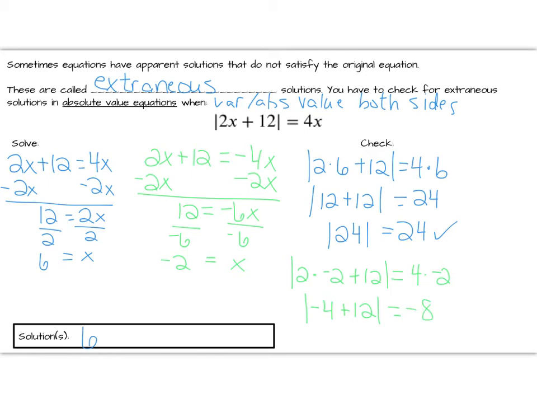Notice, is the absolute value of something ever going to be a negative number? So negative 4 plus 12. Does the absolute value of 8 equal negative 8? No. So negative 2 does not satisfy the original equation, so it is an extraneous solution. My only solution is 6.